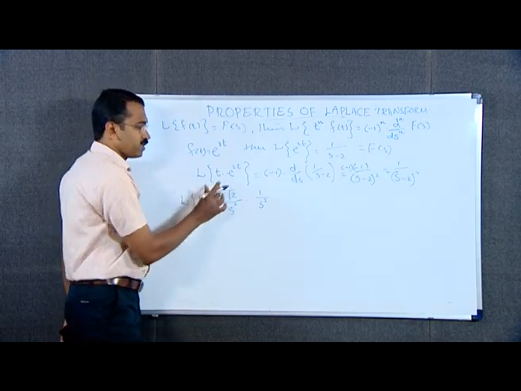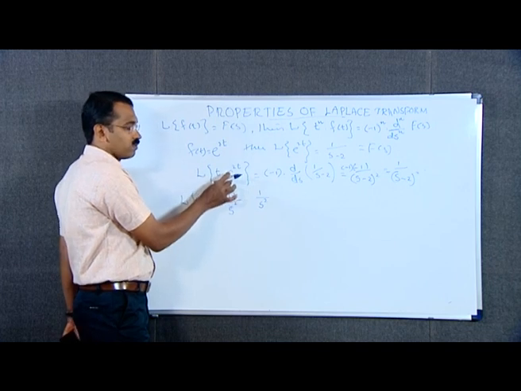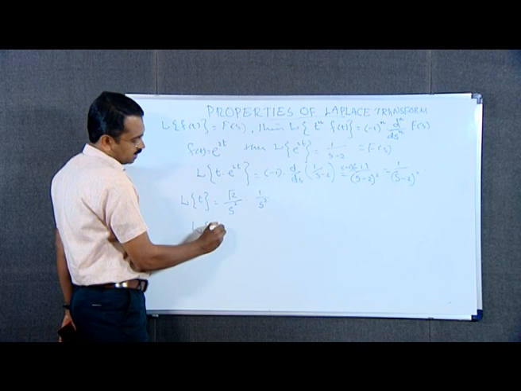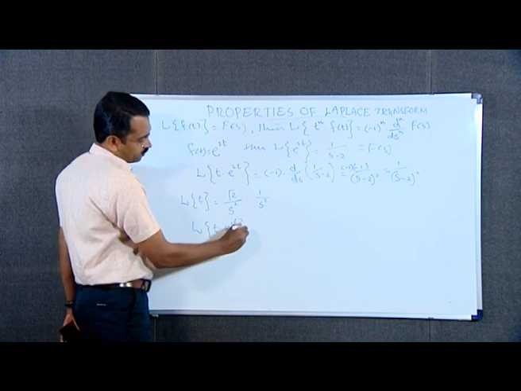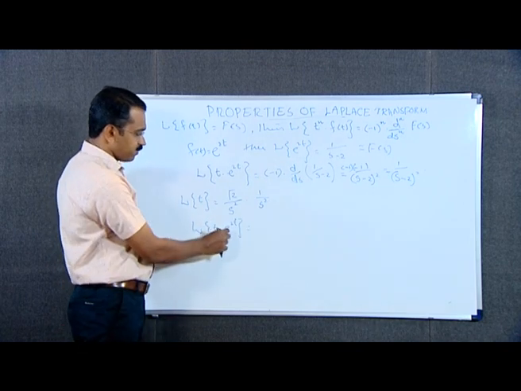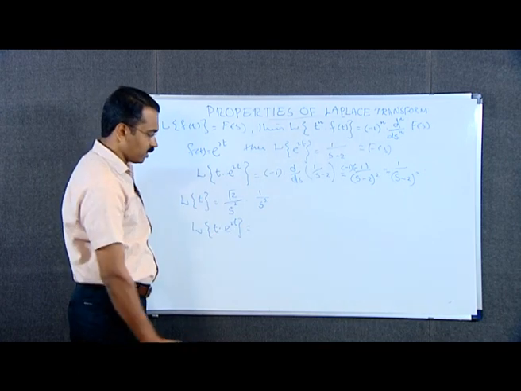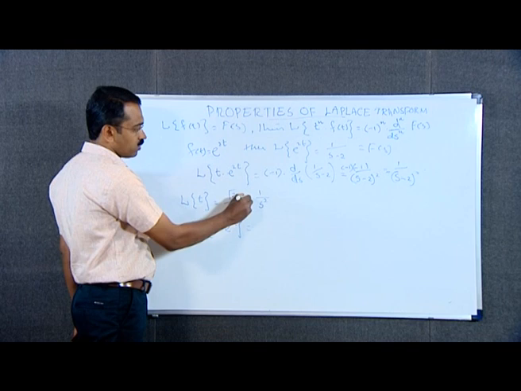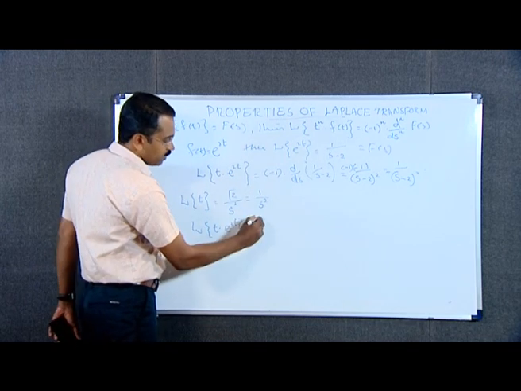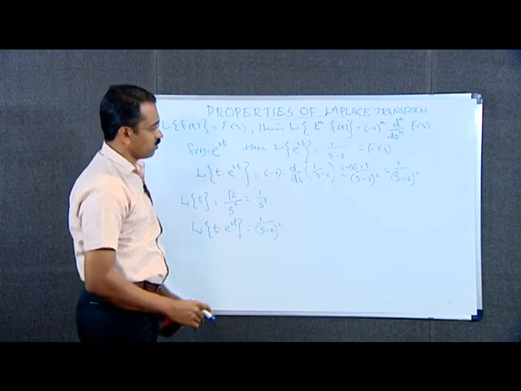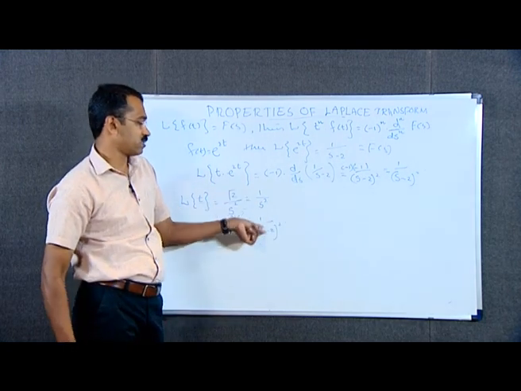Now, by the first shifting theorem, we can write the Laplace transform of t into e raised to 2t. That is, we multiply this t by e raised to 2t, then the corresponding transform will become 1 by s minus 2 the whole square, because we just replace s by s minus 2.